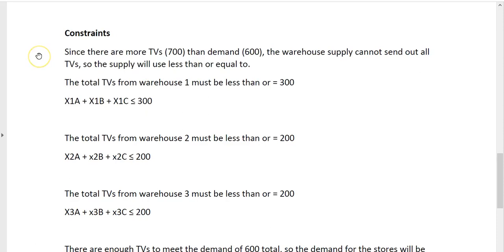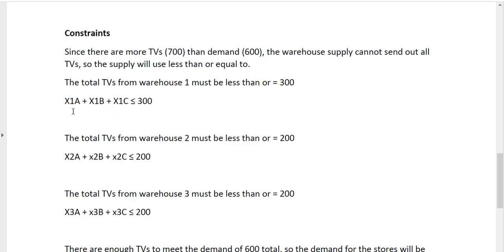Okay, we're going to have 3 constraints that deal with our limited supply. Since there's 700 TVs, more than the demand of 600, each warehouse cannot send out all its TVs, so the supply will use less than or equal to.